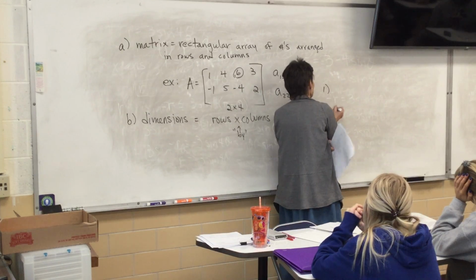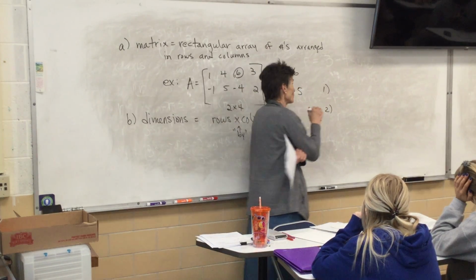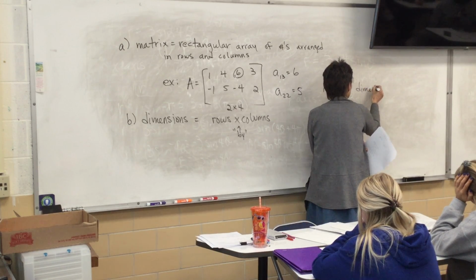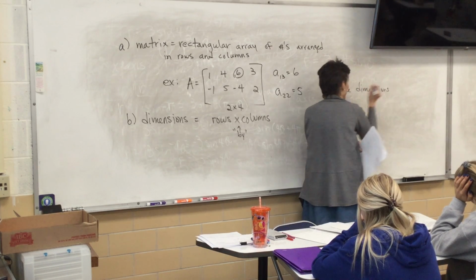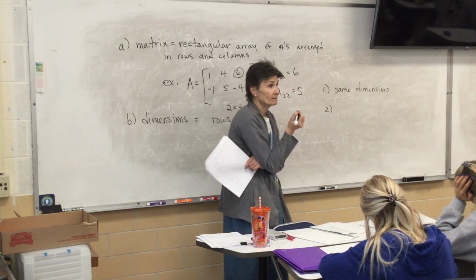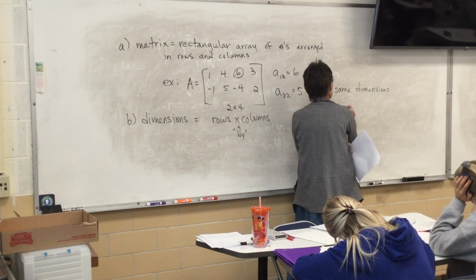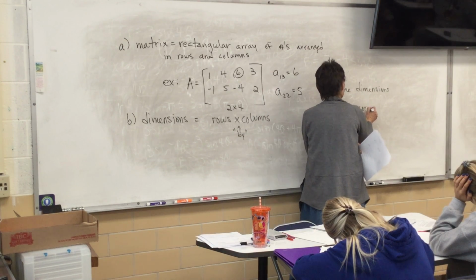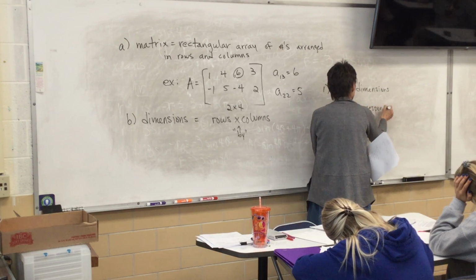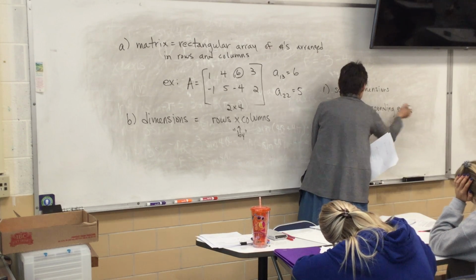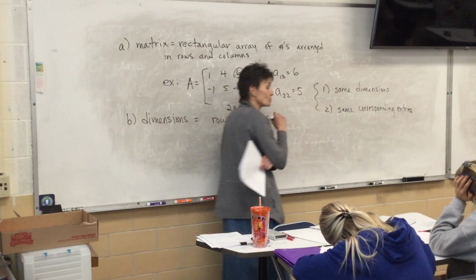Equal matrices have to meet two requirements. First of all, they have to have the same dimensions. Does that make sense to you? That if they're going to be equal, they have to be the same size. And they have to have the same corresponding entries.